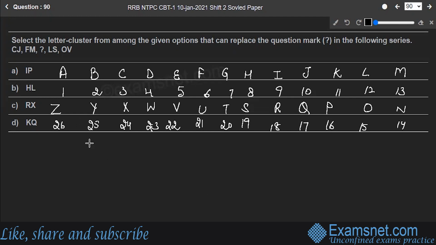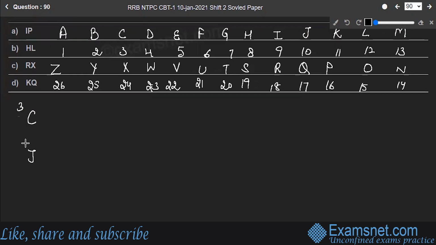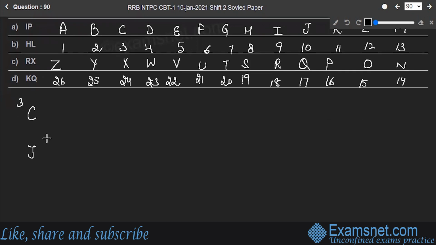Okay, so now let's go with the first one. Here is C, J. C is at position 3 and J is at 10. Next one is FM. F is at 6. M is at 13. Plus 3.